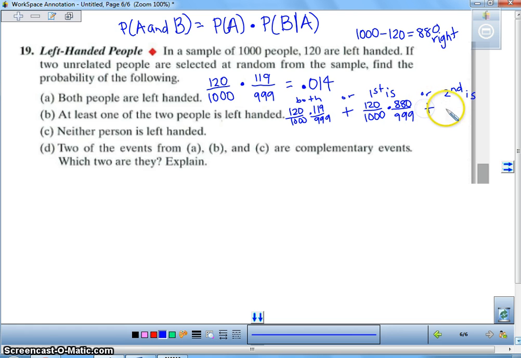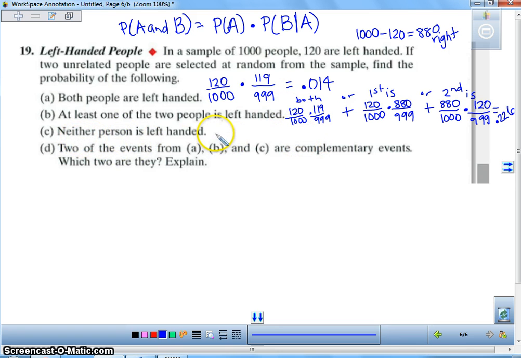Or means add. I want the second person to be left-handed, then I want the first person to come out of the right-handed people. And I have 120 left-handed still there, but only 999 total. And when you carefully enter all of that into your calculator, you will find that there is a 0.226 chance that at least one of the two people is left-handed.